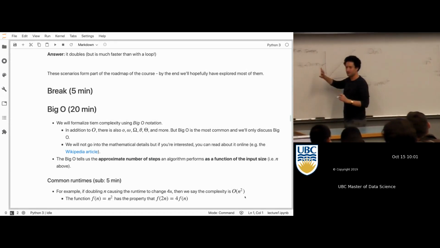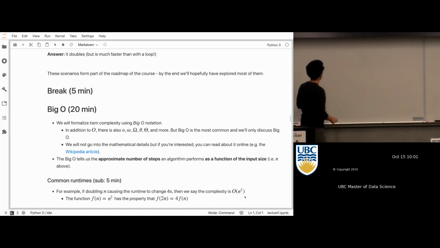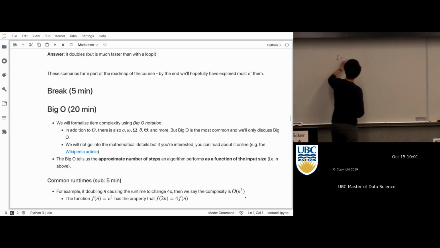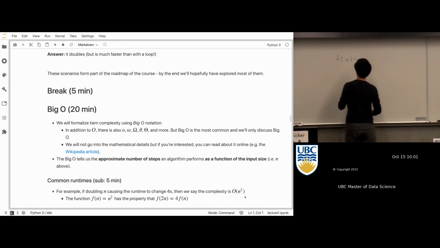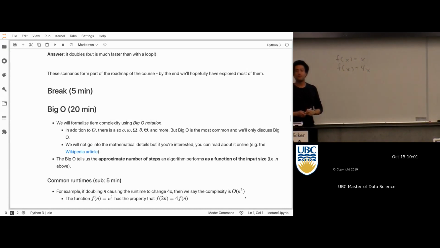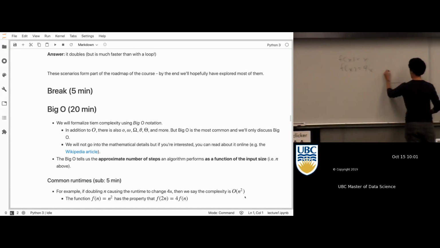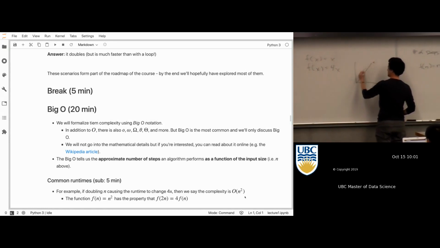Just forgetting about running times for a minute, and just thinking about functions, if I have a function f of x equals x, and I have the function f of x equals 4x, let me draw them for you. Here's x, and here's 4x.